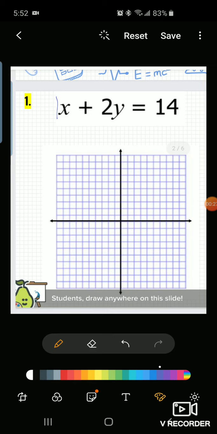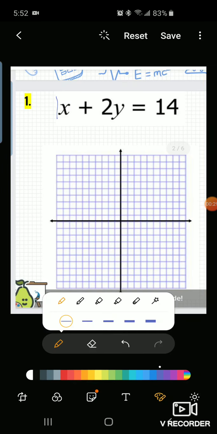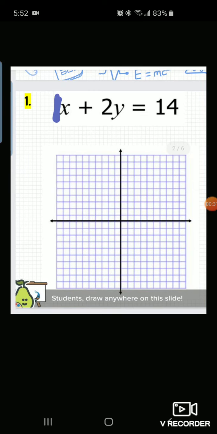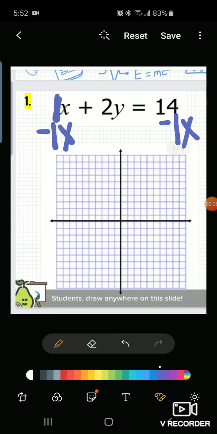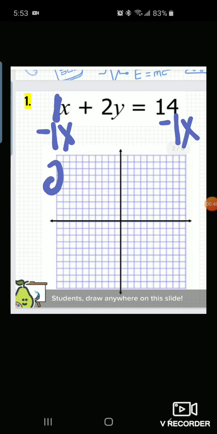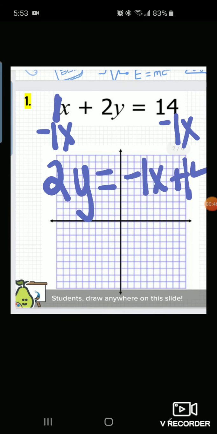Now to get rid of that, you're going to subtract 1x to the other side of the equation, okay? Once you do that, you have positive 2y equals negative 1x plus 14.